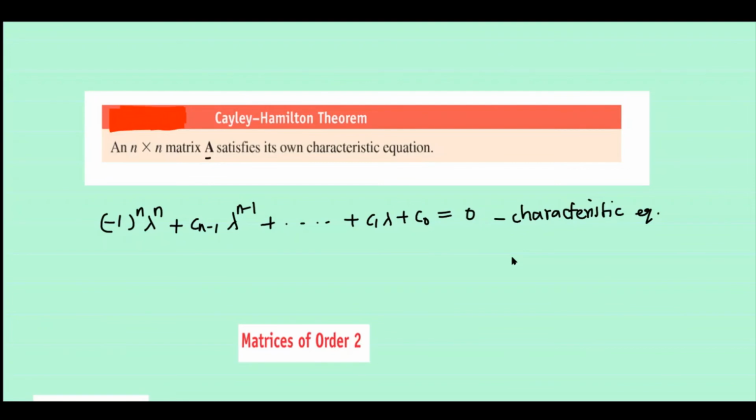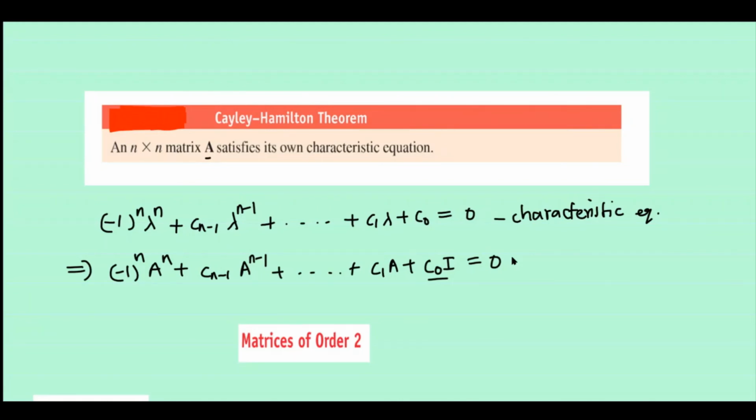That is, A should satisfy this equation, which means that we should get minus 1 raised to n, A raised to n plus Cn minus 1, A raised to n minus 1 plus etc. C1 A plus C0 I equal to 0. Here each term is a matrix. Now C0 is a constant, so we cannot add like that. So we have to write C0 into identity matrix I, where I is the identity matrix of order n. So it is again an n by n matrix.